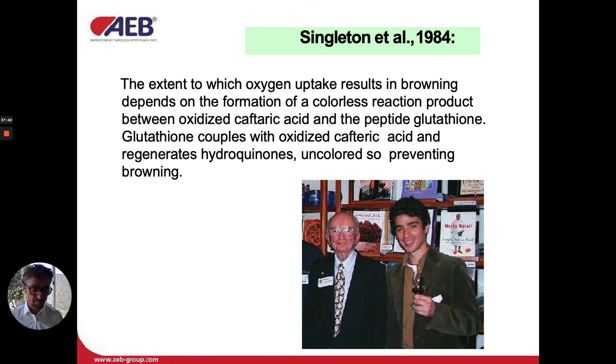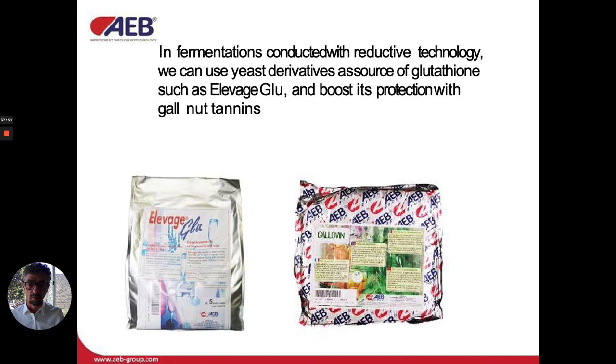And as much as we can't really go and buy glutathione from our supplier to add to fermentation, we can add products like Élevage Glue, which are yeast extracts with a very high content in glutathione.